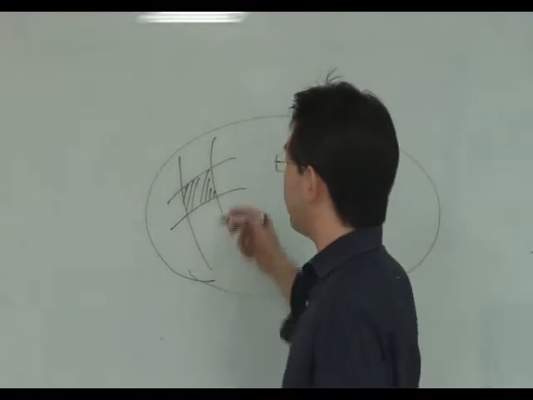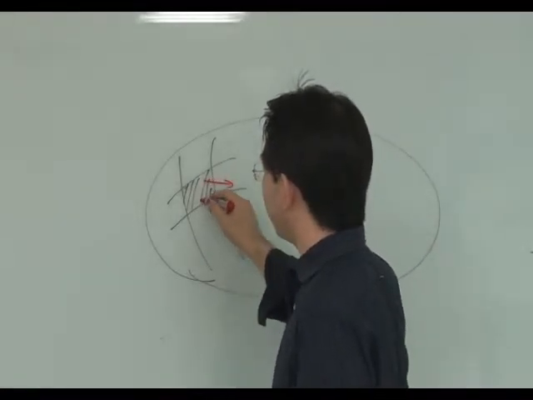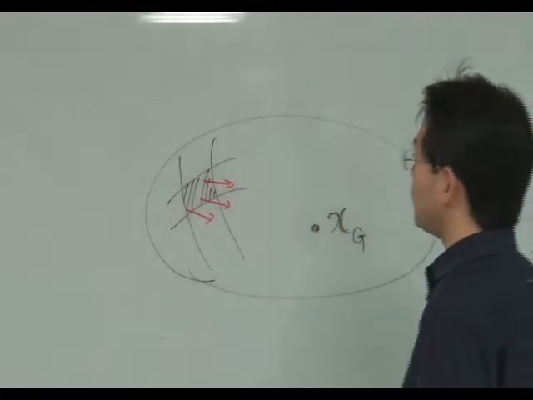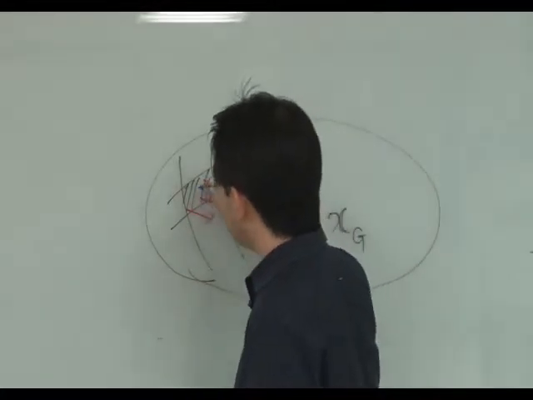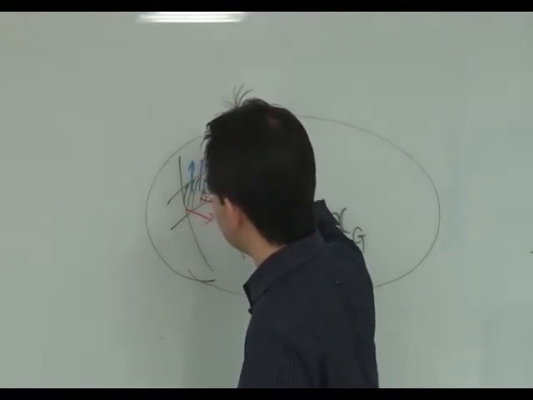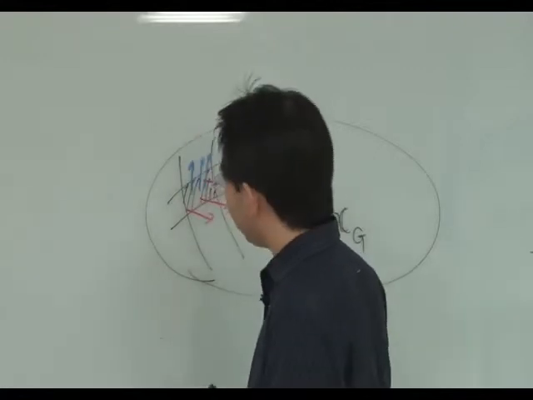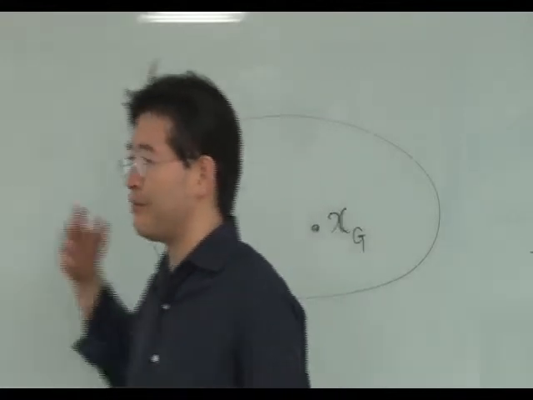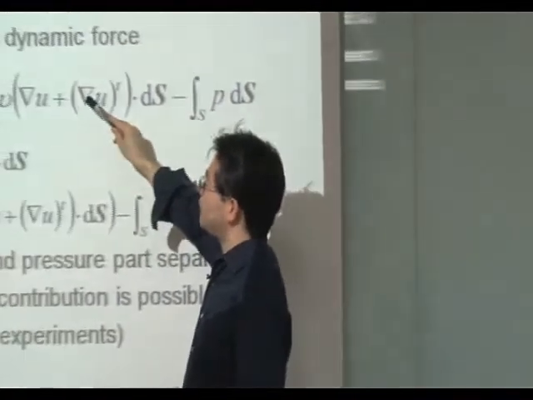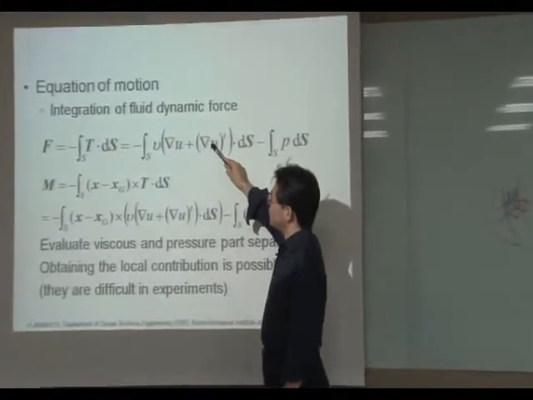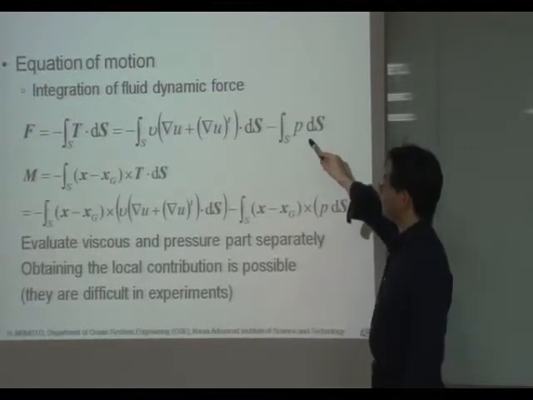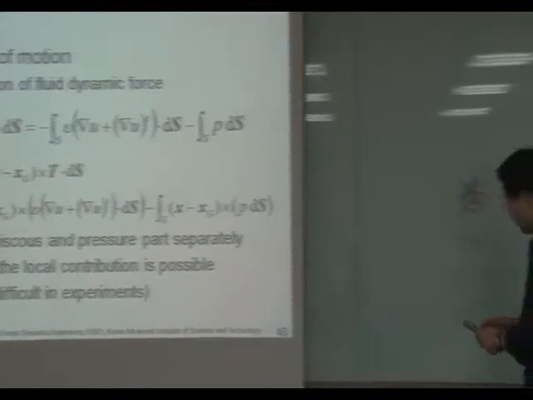On each panel, pressure force is acting, and viscous force is acting parallel to the surface. I cannot draw it correctly. Please imagine the situation. Viscous force is parallel to the body surface, and pressure force is normal to the body surface.